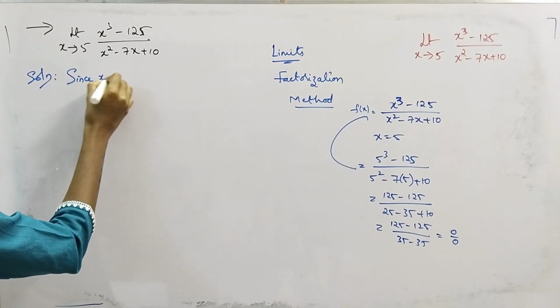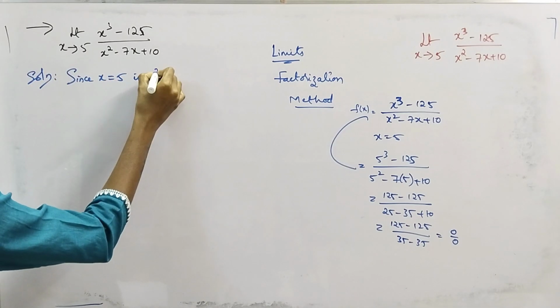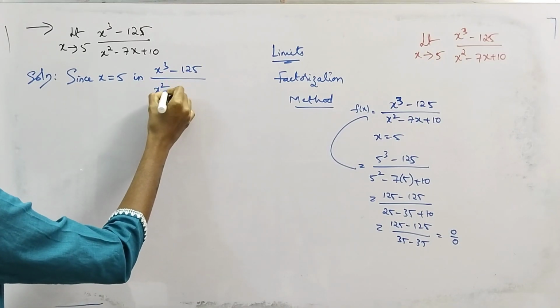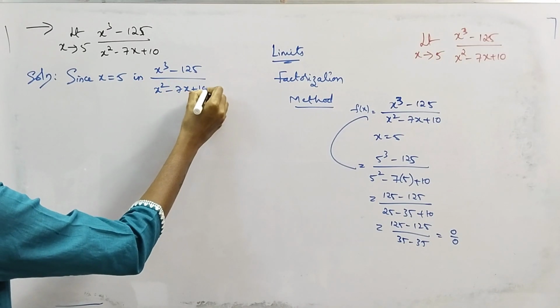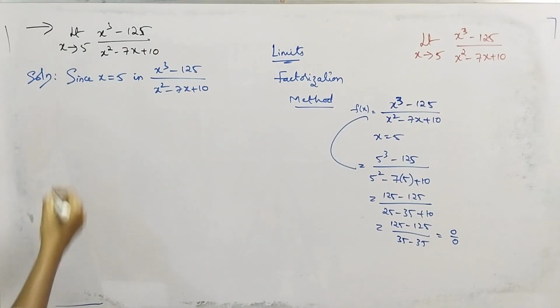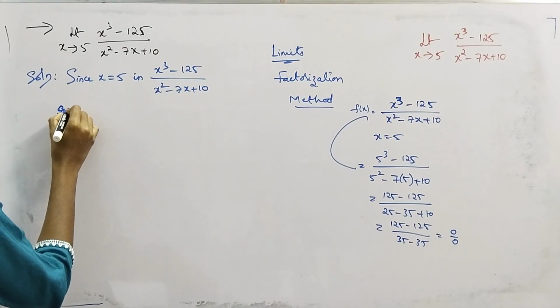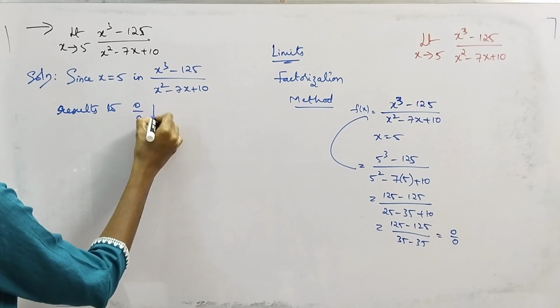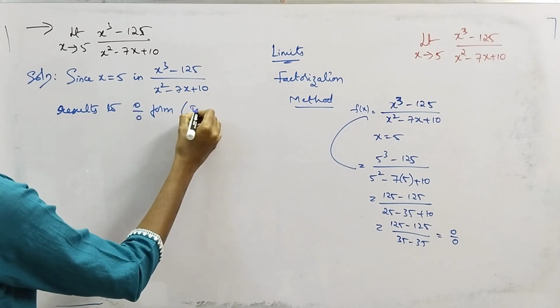Since x equal to 5 in the expression results in 0 by 0 form, which is an indeterminate form, right?